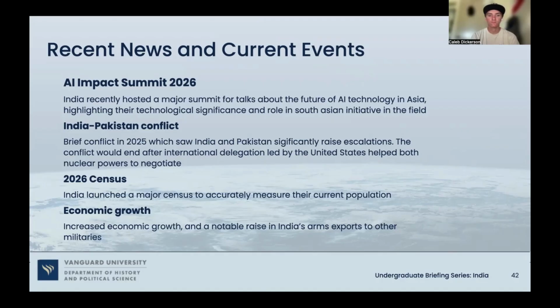And as they continue to grow their economy, there is a notable rise in India's arms exports to other militaries in the world.